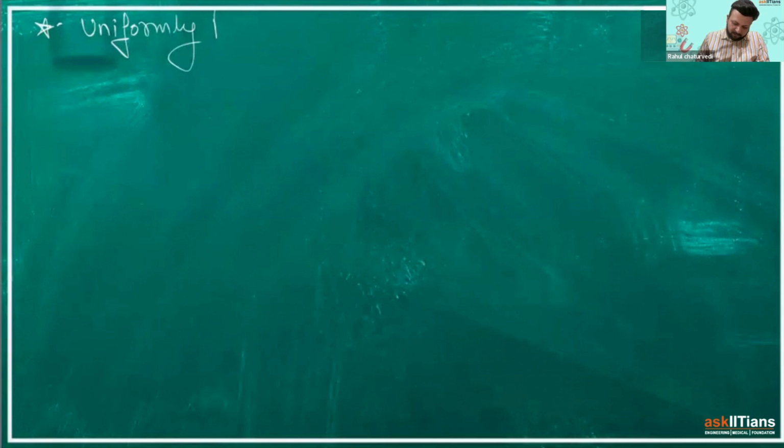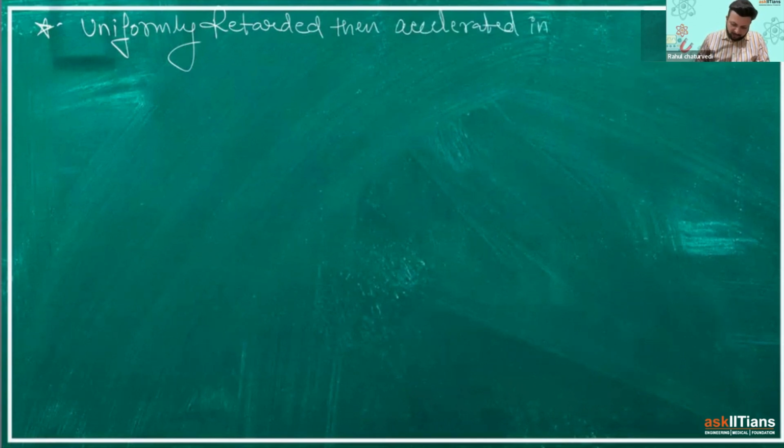Now let's see one more case. The case of uniformly retarded, then accelerated in opposite direction. So uniformly retarded means suppose initial velocity is u, right?